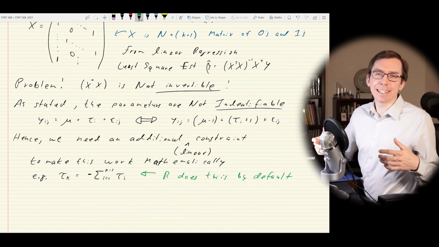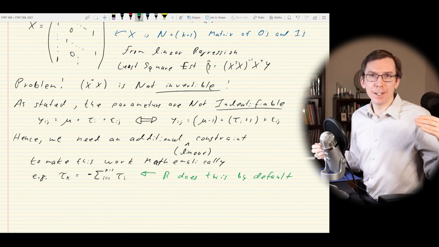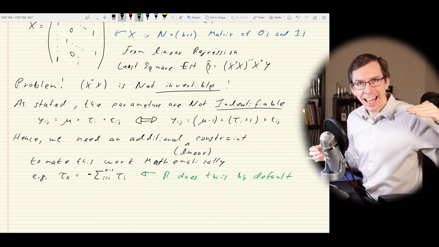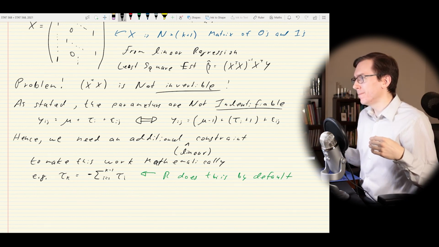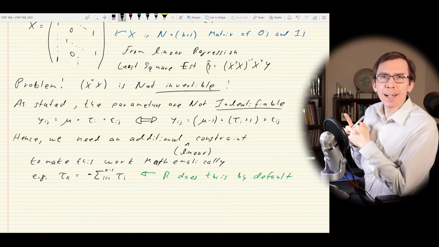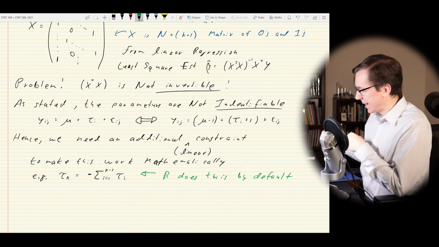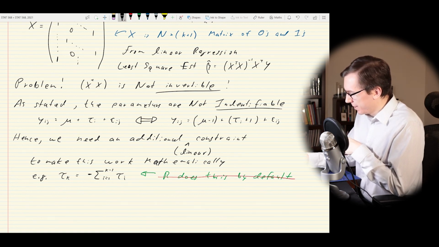So if you were to actually analyze data in R, you wouldn't get an estimate for whatever the final category is. Actually, no, I'm wrong. R doesn't do this by default. Sorry, that's actually wrong.